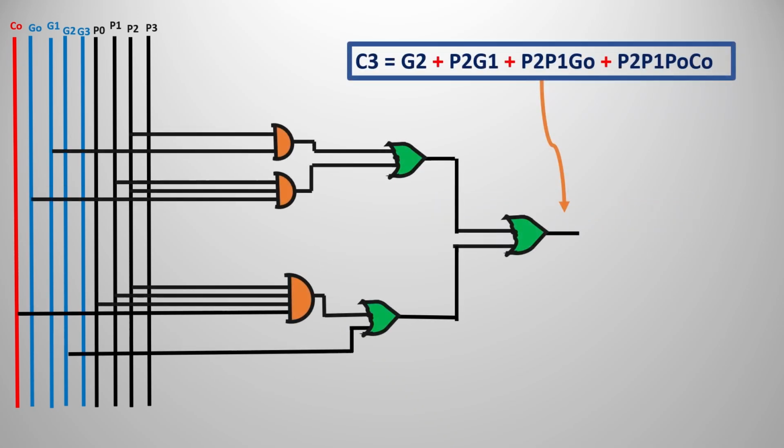The next step we are going to follow is C3. So we have the C3 output expression. For the third full adder in the CLA, we are going to have the carry like this. The circuit diagram you can relate with the second carry C2 also, because in this we have three product terms, that is P2 G1, P2 P1 G0, P2 P1 P0 C0.